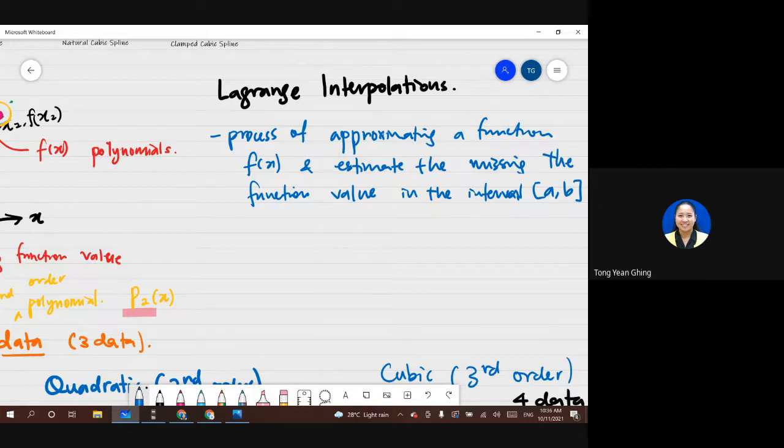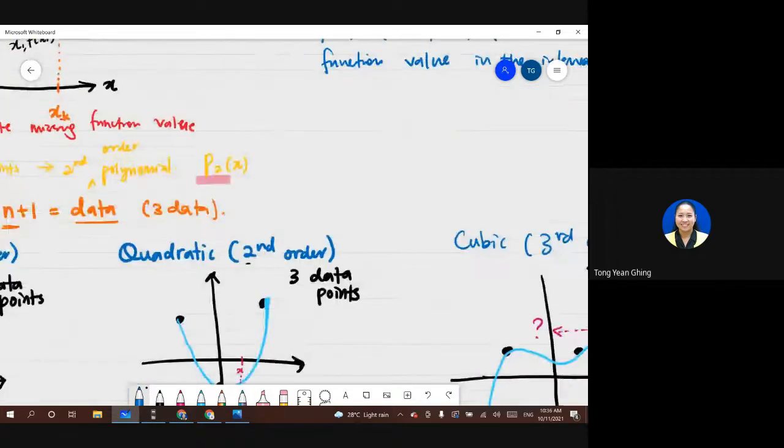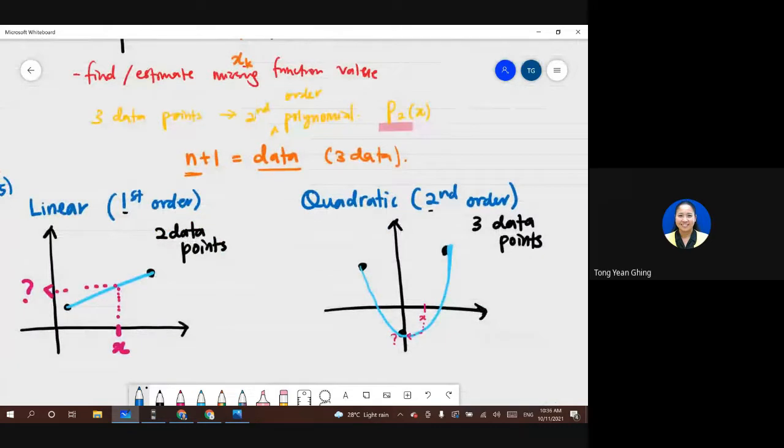Okay, so let's say we go back to this one. Let's say this one, linear equations here. If here we have x0, y0, this one will be x1, y1.